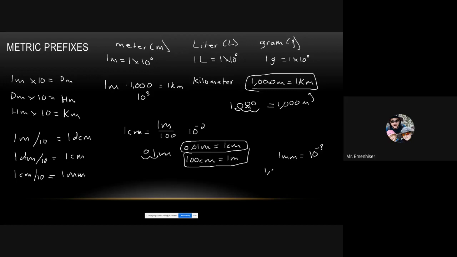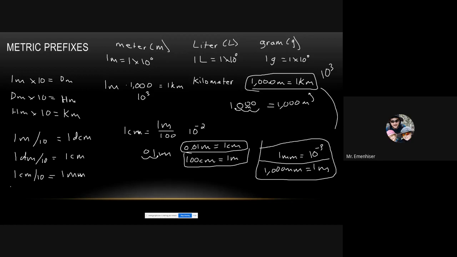So there are 1,000 millimeters in 1 meter. Okay, so the millimeter is kind of the opposite of a kilometer, right? A kilometer is 1,000 meters, and then there are 1,000 millimeters in 1 meter. So these are kind of opposites. 10 to the 3, 10 to the negative 3. Okay. All right. And then there's another one.